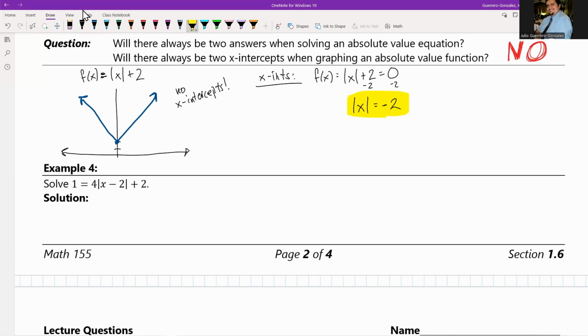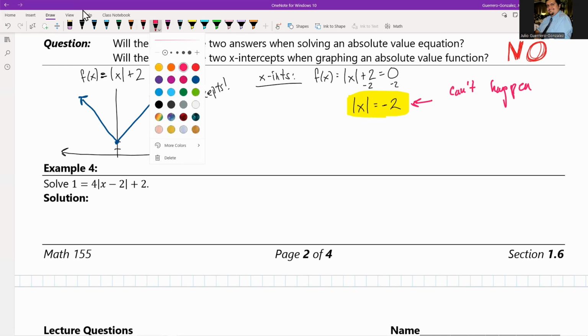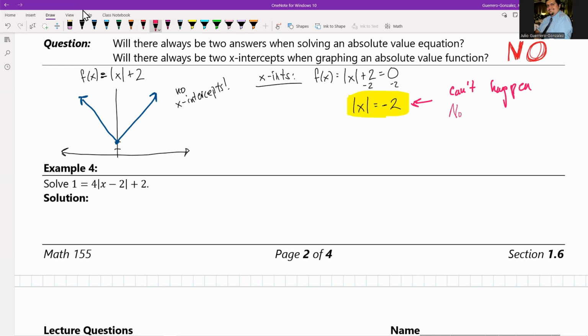So what we're trying to say here with this yellow thing that I have highlighted is that we need the distance away from 0 of the value x to be -2. We need to have a negative distance. This cannot happen, because there is no negative distance.